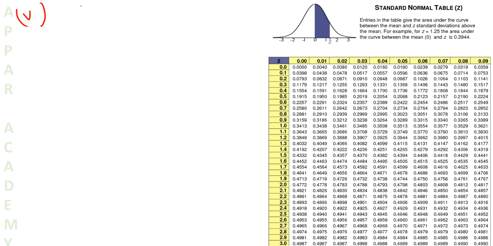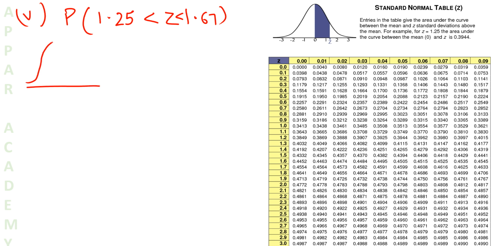So fifth part, we need to find the probability that z lies between 1.25 and 1.67. So let's again draw the curve. This is the curve, mu is equal to 0. This is 1.25 and this is 1.67. So how do we find it?